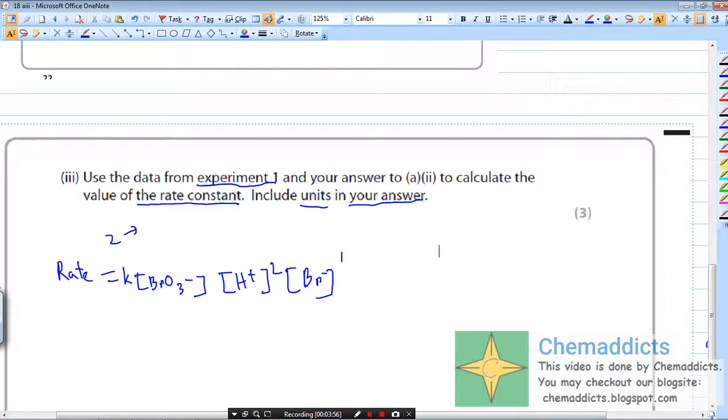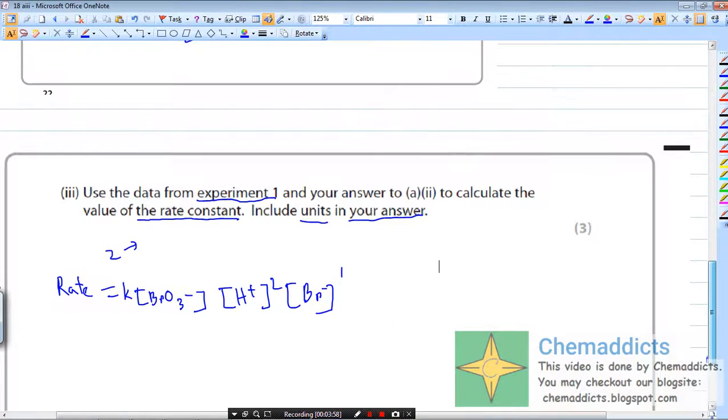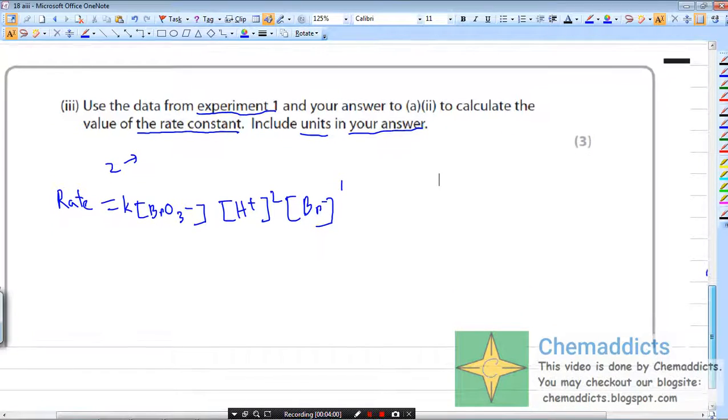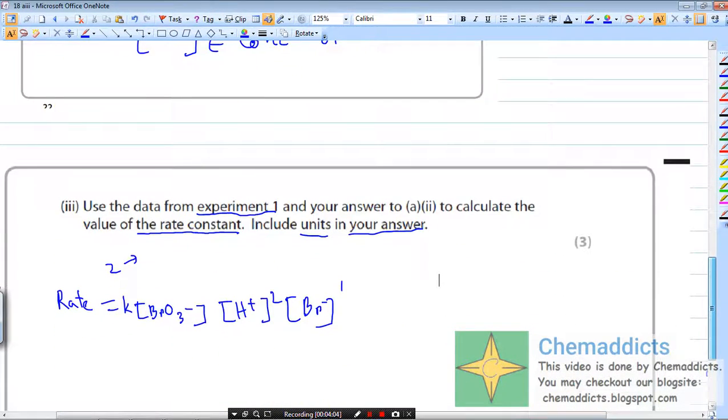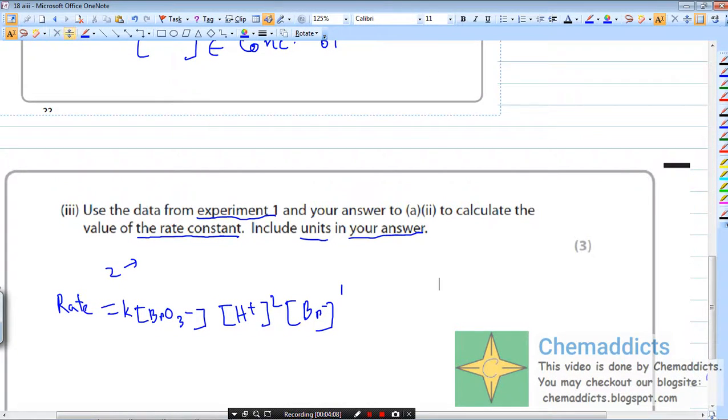Now let us look at the information that is given. They have asked us to use the information given for experiment 1. If we use other experiments' data, then the whole answer would be invalid. So we should be careful about this.